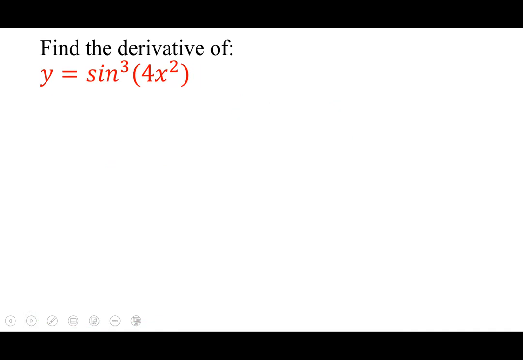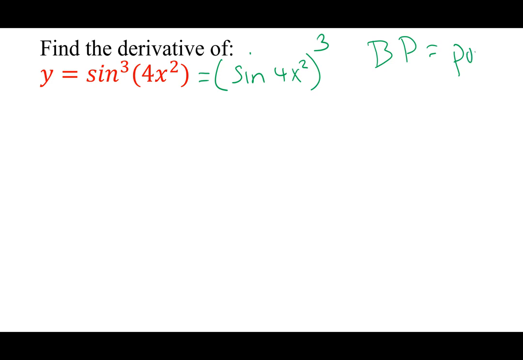The sine cubed of 4x squared. Before you can think about doing anything else, you have to know that this is really the sine of 4x squared, the whole thing cubed. So in terms of the BP, the big picture, this is actually a power rule problem, because the first thing you have to do is take the derivative using the power rule, and then using your trig is what comes after.